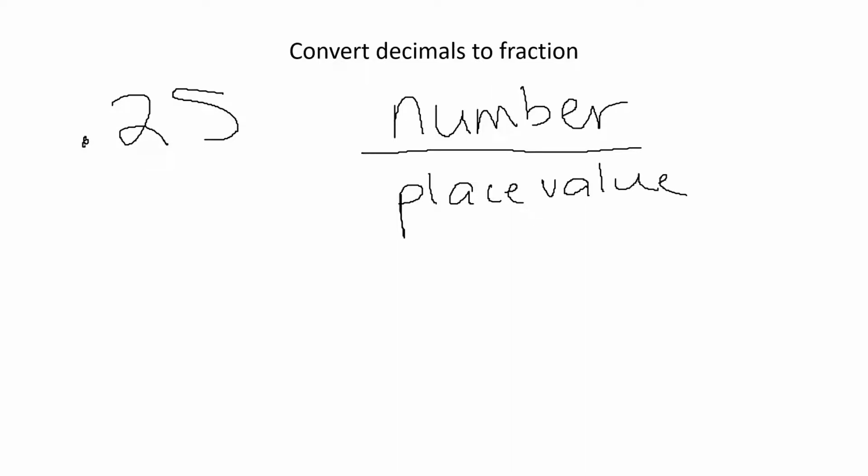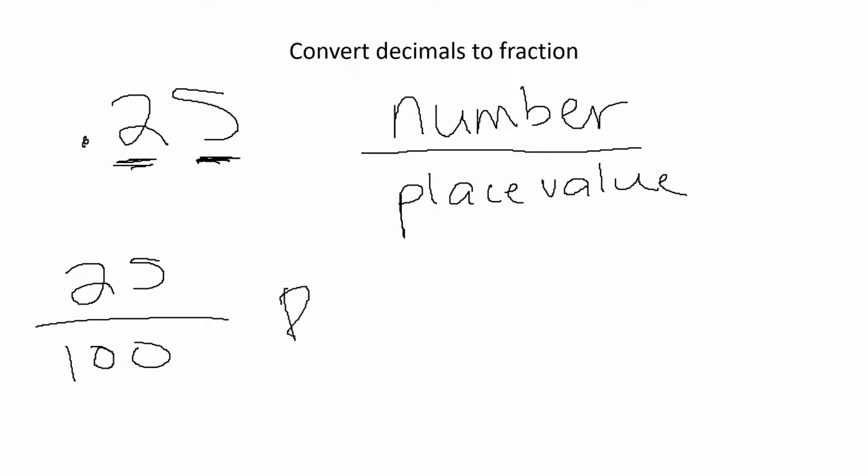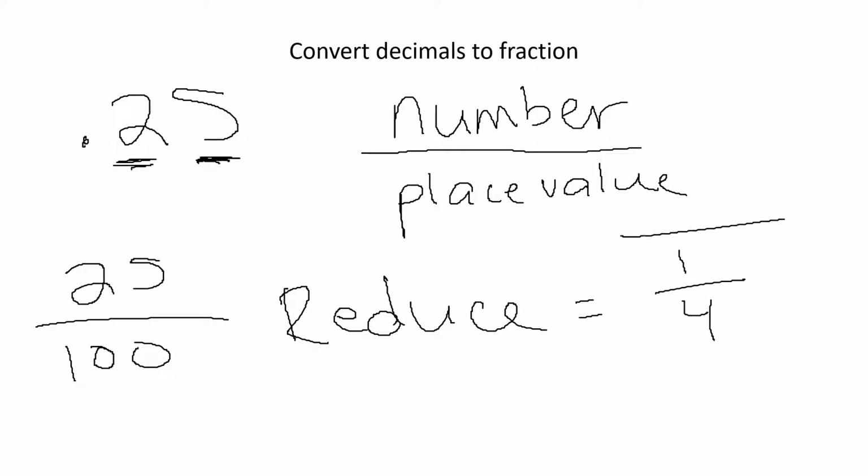We have to remember there's no oneths in decimals. It starts with tenths, hundredths. So in this case it is 25, pretend it's a whole number, over hundredths. And then if I can, I need to reduce. 25 divided by 25 is 1. 100 divided by 25 is 4. So 0.25 as a fraction is 1/4 once it's fully reduced.